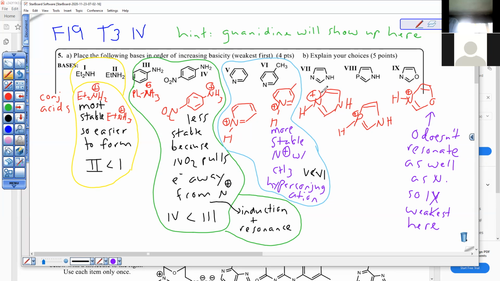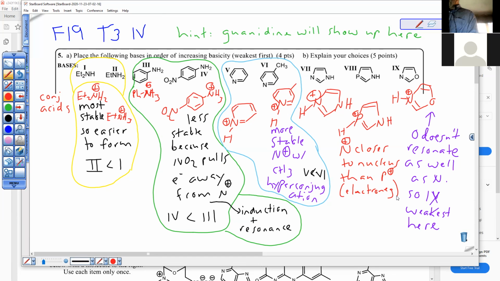N plus is pulling those electrons closer to the nucleus than P plus, based on electronegativity, which is not a good thing.